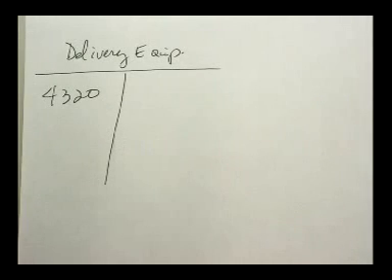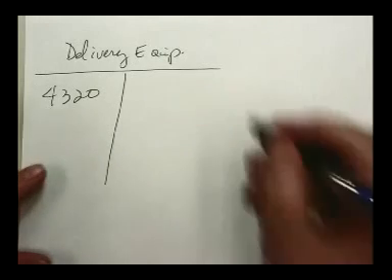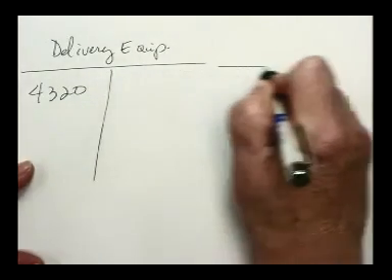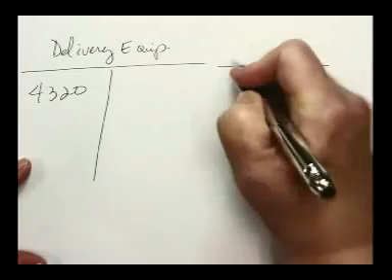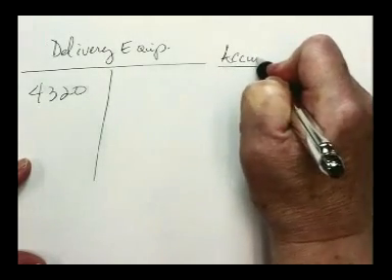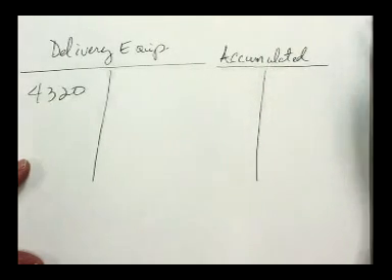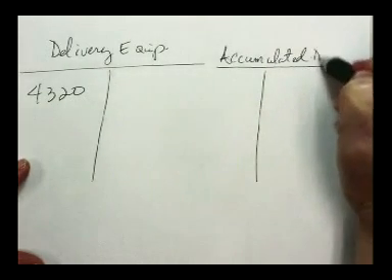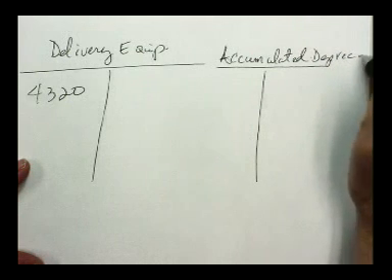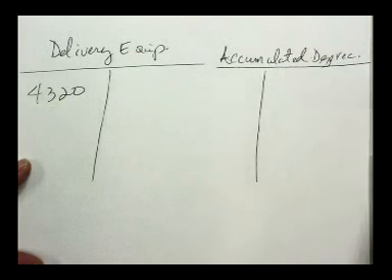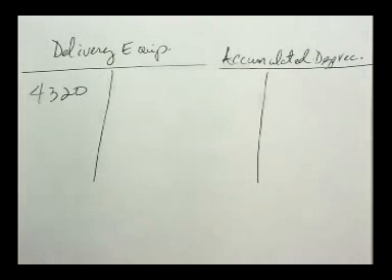Why don't I just credit delivery equipment instead of this funky named account called accumulated depreciation? It really has to do with gains and losses. If you were to ever sell it, you need to have the original cost for reporting purposes. So I'm creating an account over here to hold the used up portion. And that's what I mean by accumulated.